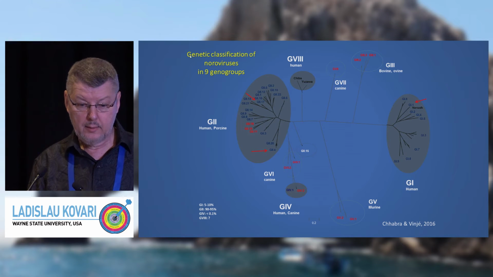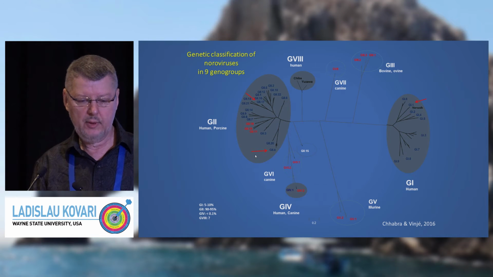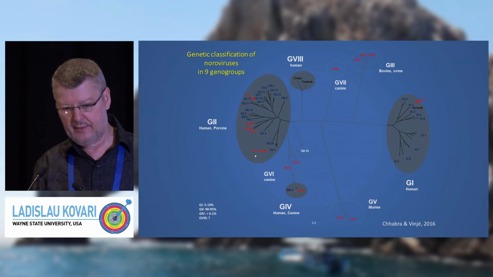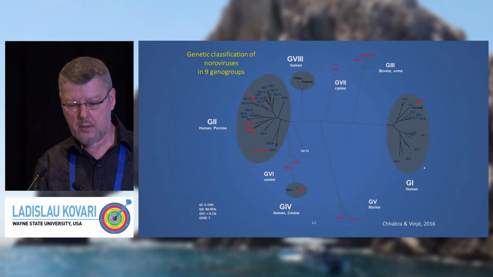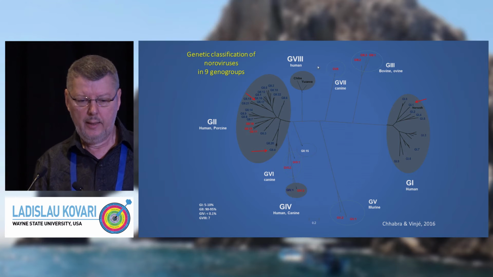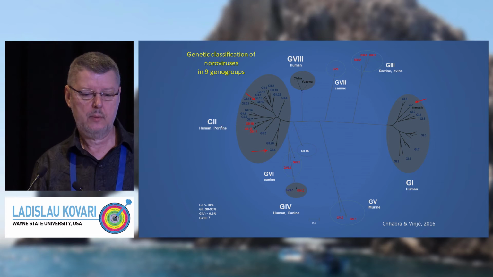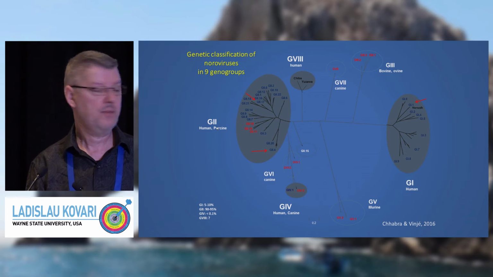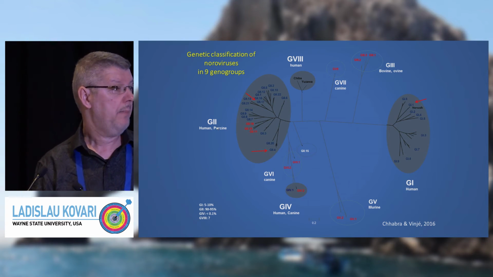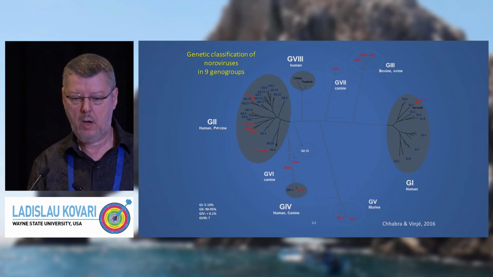We are focusing on genogroup 2, which represents about 90 to 95%, and genogroup 1, which represents about 5 to 10%. And pigs are a good animal model, so this genogroup 2 infects both humans and pigs. And I'll come back to this when we discuss the various animal models.